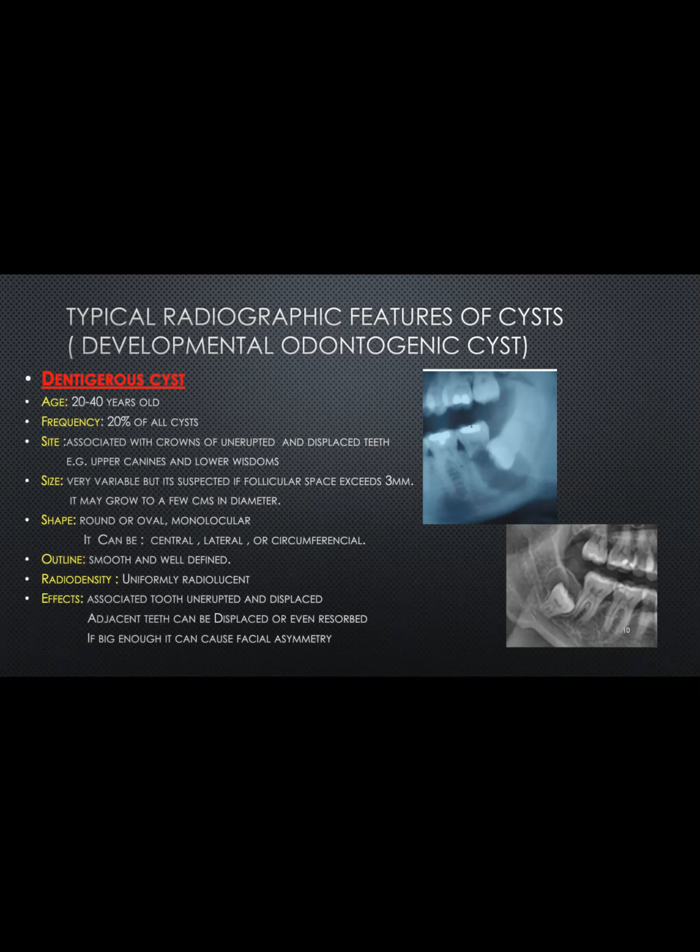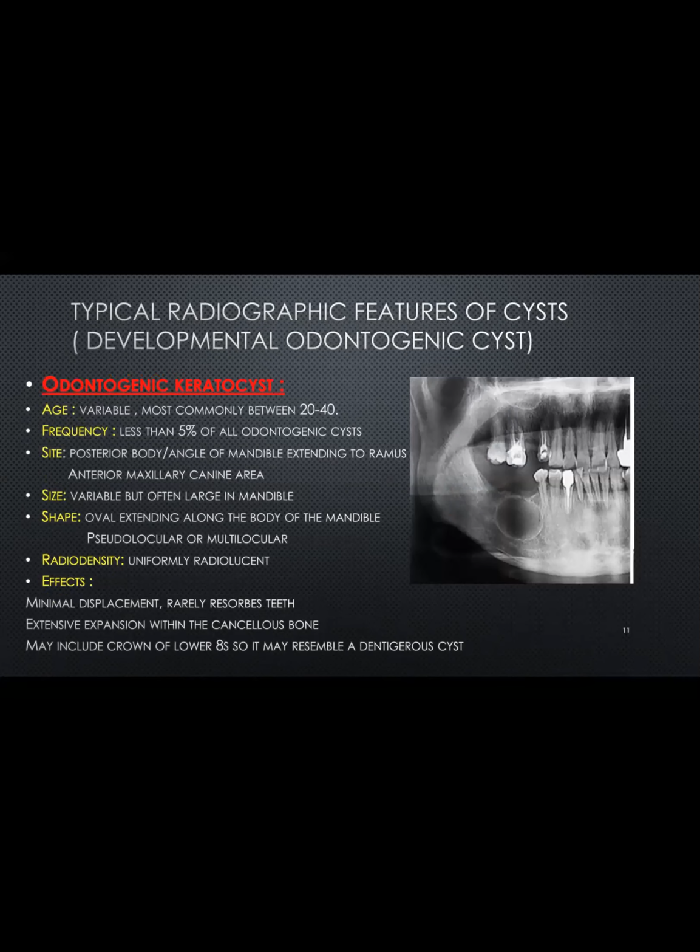Now, the tooth that has the dentigerous cyst is prevented from erupting. It could also displace or even resorb teeth. If you look at the X-ray on top, you could see that the 3.8 has actually resorbed the roots of the 3.7. And if it's big enough, it could cause facial asymmetry.